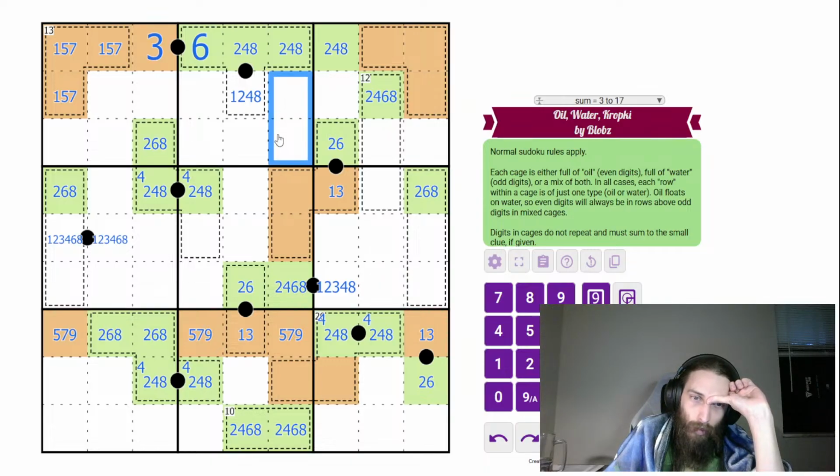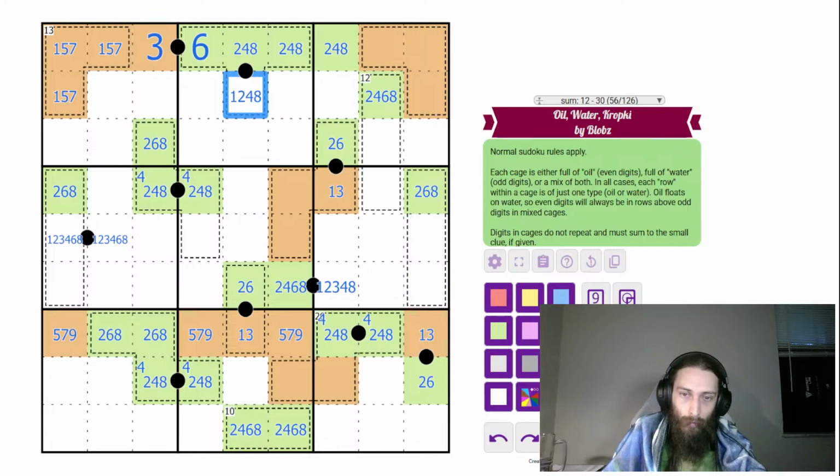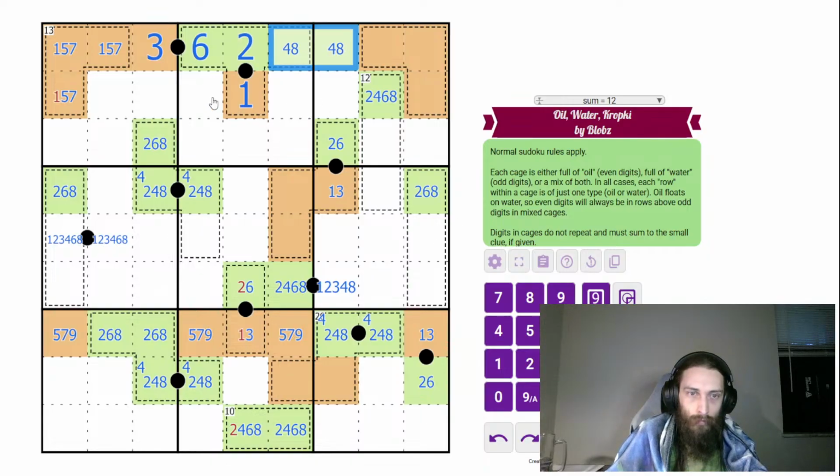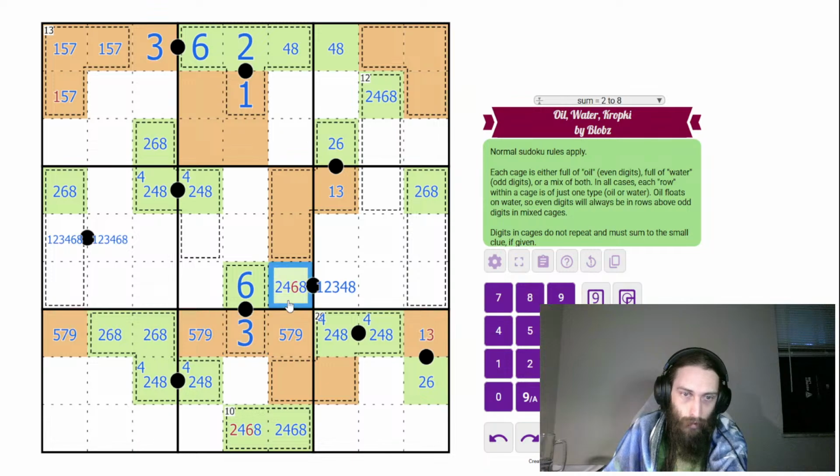But these have to be an odd-even pair now, right? Yes. And then the rest has to be odd. This is odd, and a 1 and a 2. So it's 3.